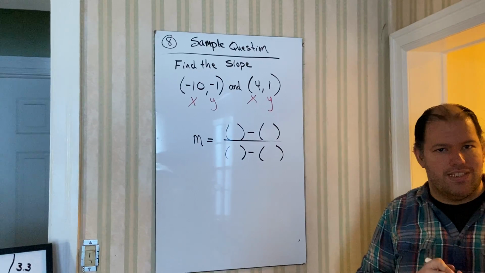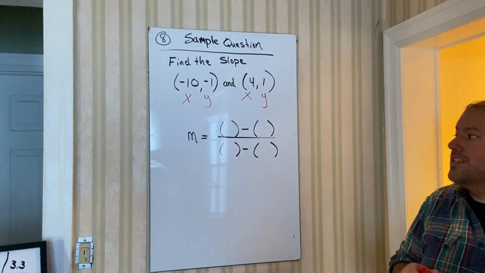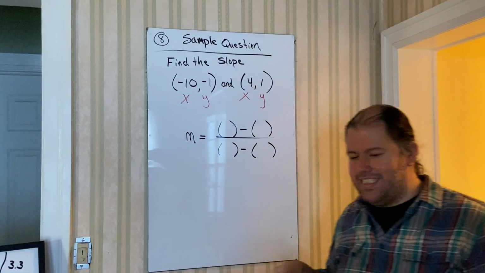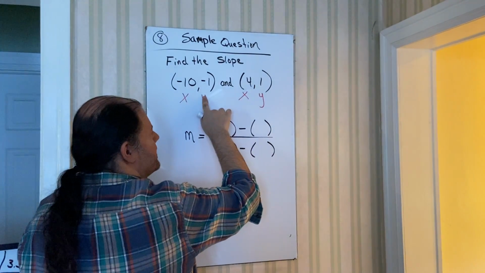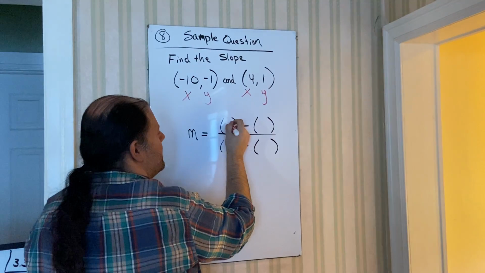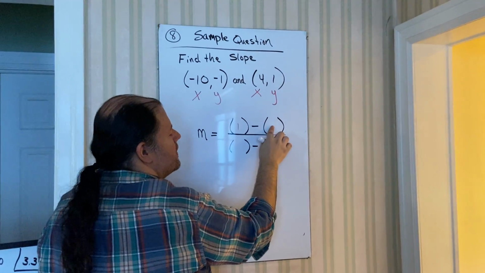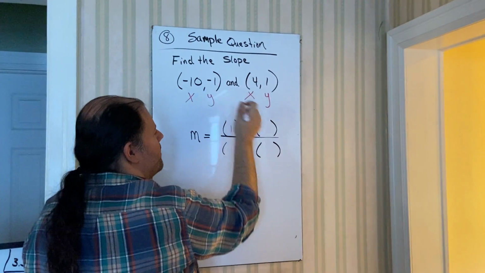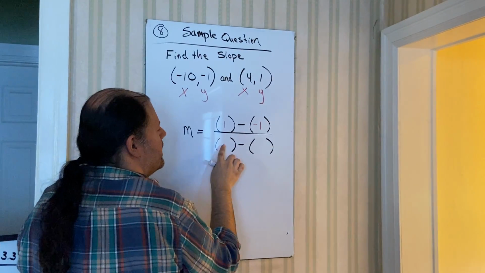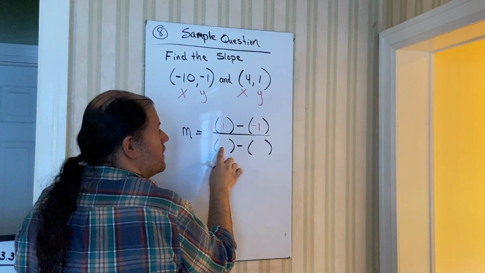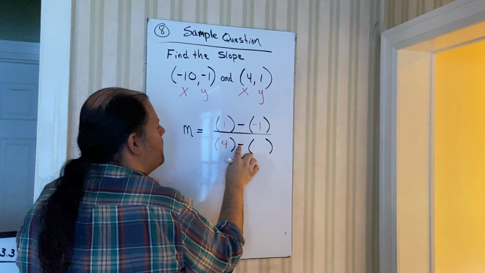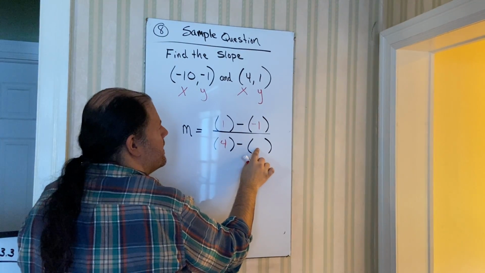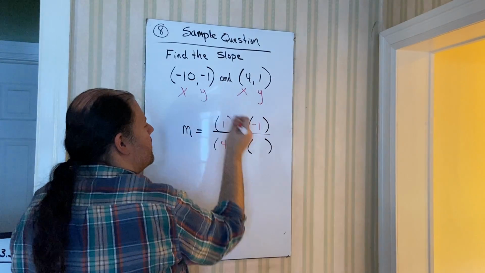I'll do it what the book says. The book says take your y from your second, so y2, your second y, minus your first y. Then your x from the second group, x2, minus the x from your first group.